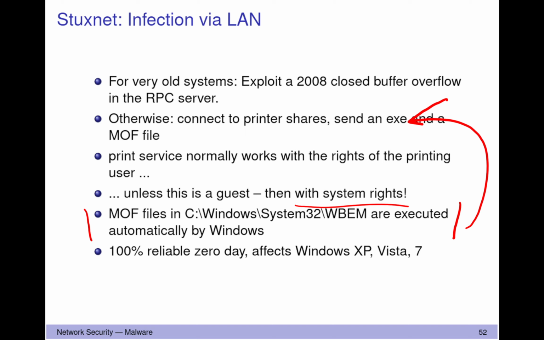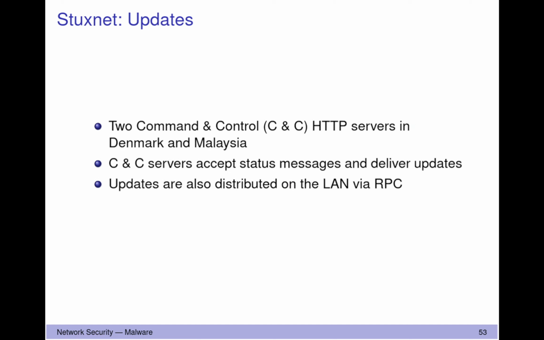So quite many elements, and in addition they had some kind of HTTP servers in Denmark and Malaysia, and they accepted status messages, delivered updates, and were also used to deliver information locally in the network where the Stuxnet worm was operational.